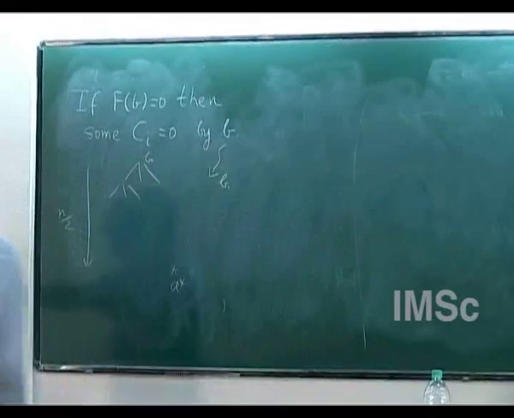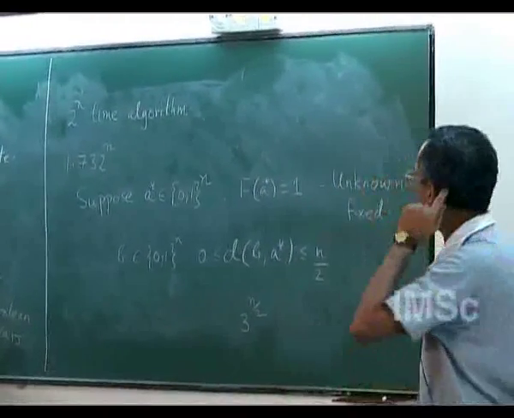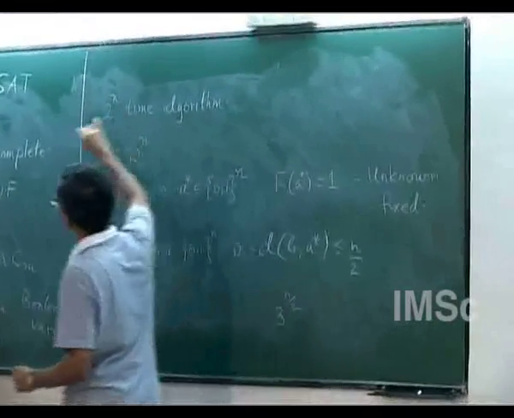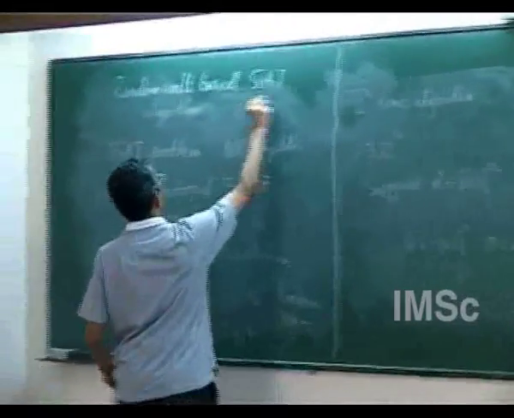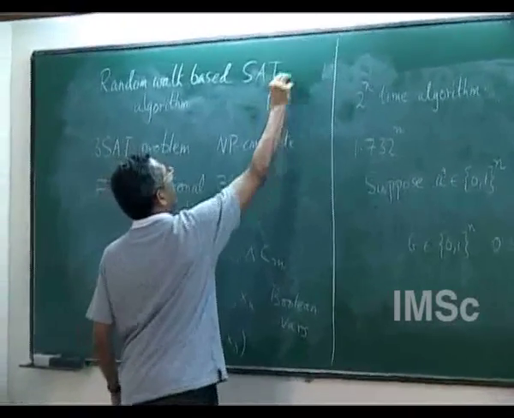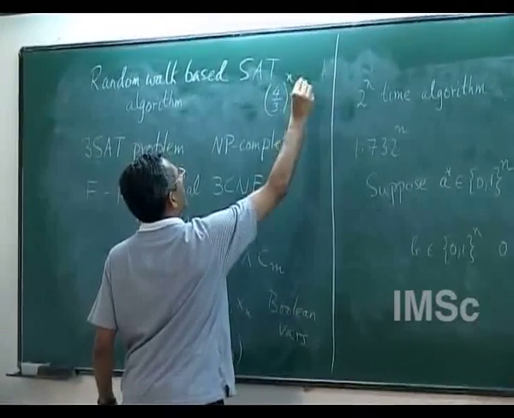And square root of 3 to the n is precisely that. Okay, so it's possible to aim for algorithms that have faster and faster running time than this, and the algorithm that we are going to describe has running time essentially 4 by 3 to the power n times n square or something, or maybe n cube.